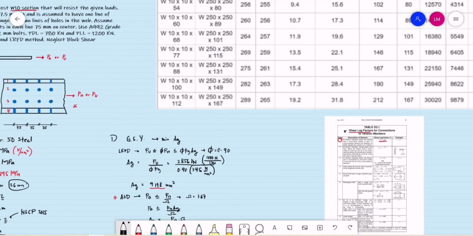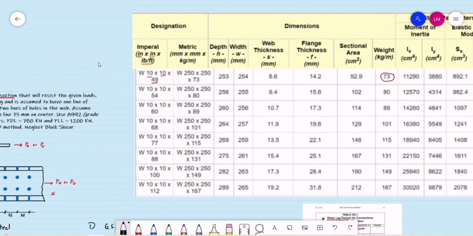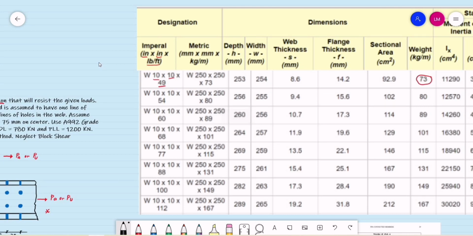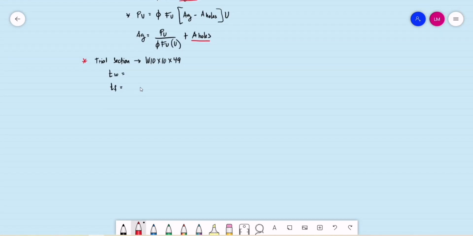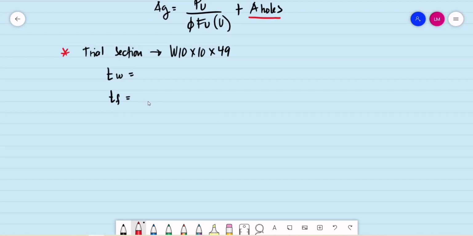So let's have the properties. The thickness of the web of W10 by 49 is 8.6 millimeters, and the thickness of the flange is 14.2 millimeters.